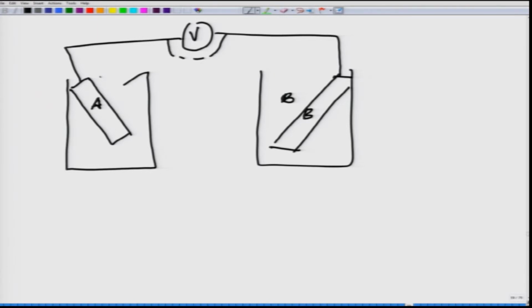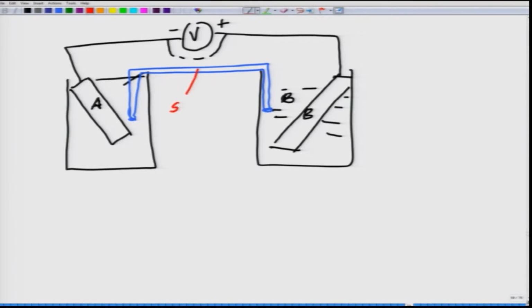This is a negative terminal, this is a positive terminal, and here you have a salt bridge connecting them. This is how, as of now, we have talked about it. We have talked about the silver electrode, the cadmium electrode, and so on.